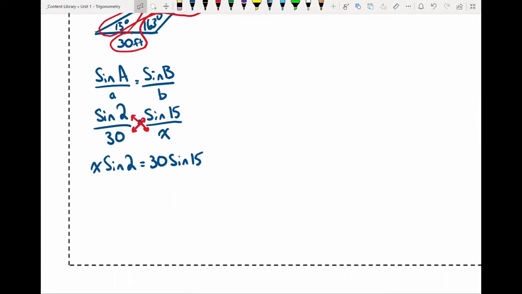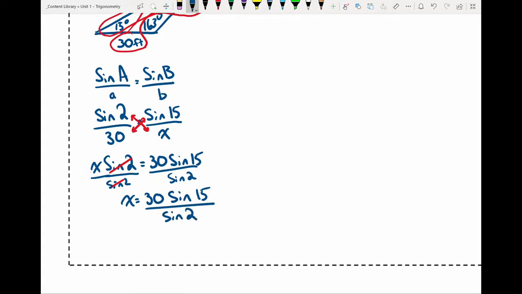Remember, we want to get x by itself. We're going to divide both sides by sine 2 to cancel out this multiplication. We're left with x equals 30 sine 15 divided by sine 2. And this just becomes a calculator calculation. When you do that, you should get an answer of 222.5.